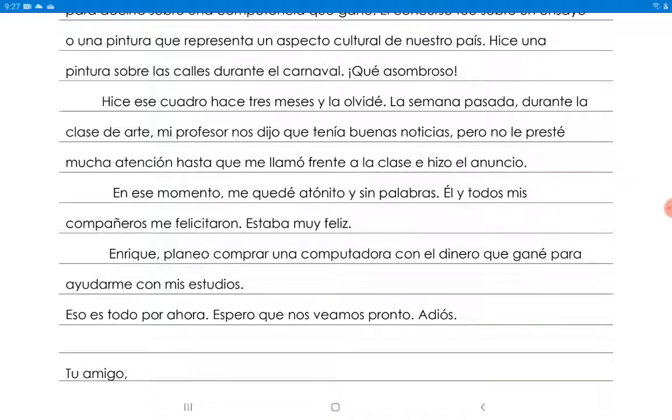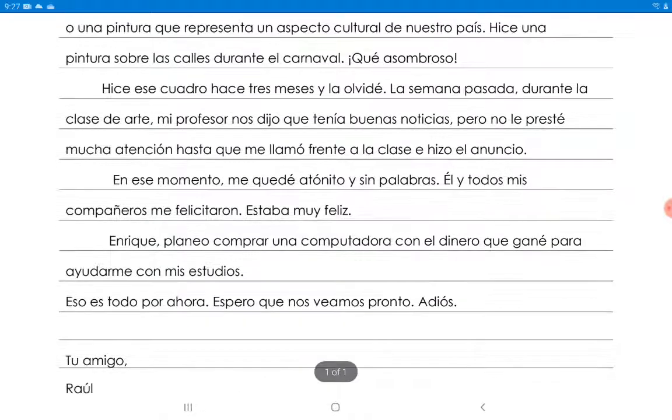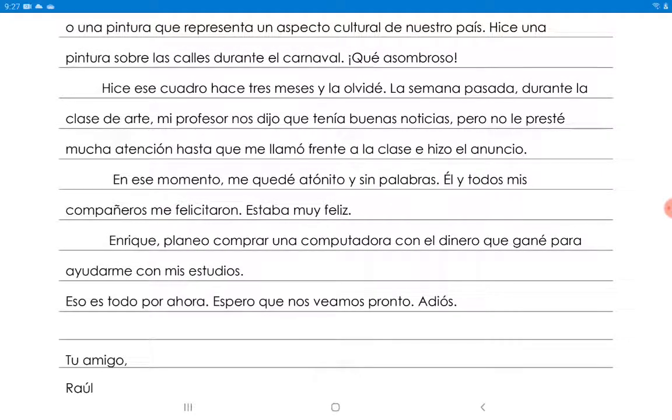Hice ese cuadro hace 3 meses y la olvidé. So I did this painting about 3 months ago and I forgot about it. La semana pasada, durante la clase de arte, mi profesor nos dijo que tenía buenas noticias, pero no le presté mucha atención hasta que me llamó frente a la clase e hizo el anuncio.